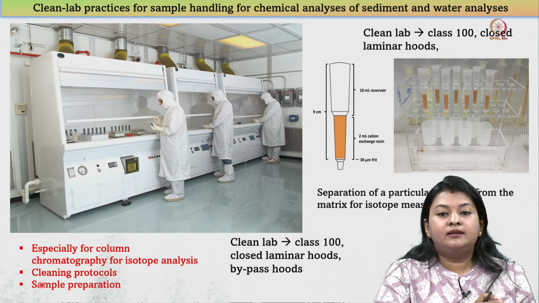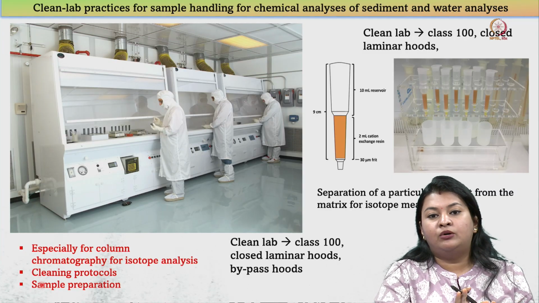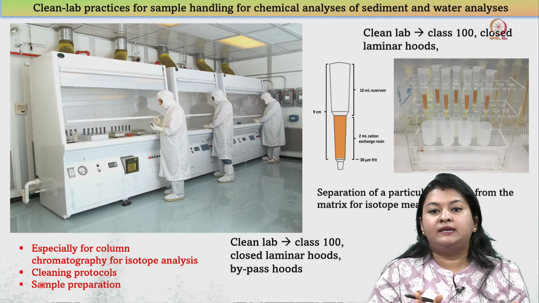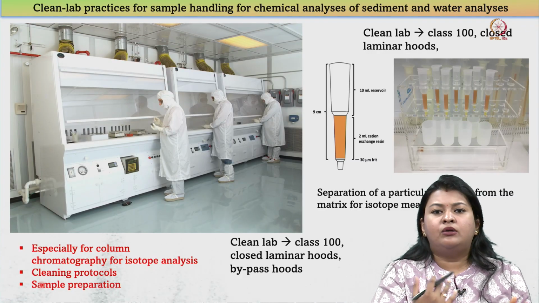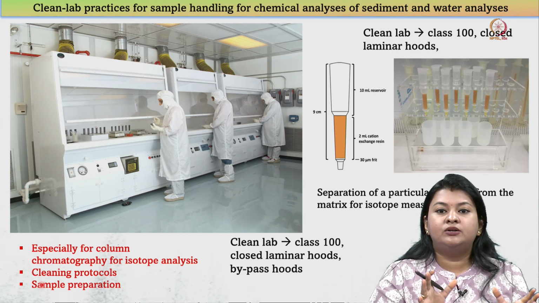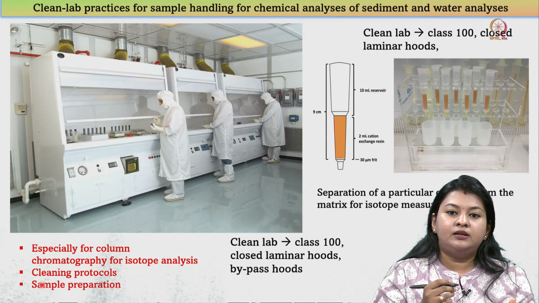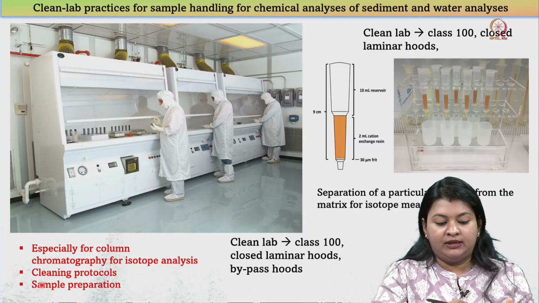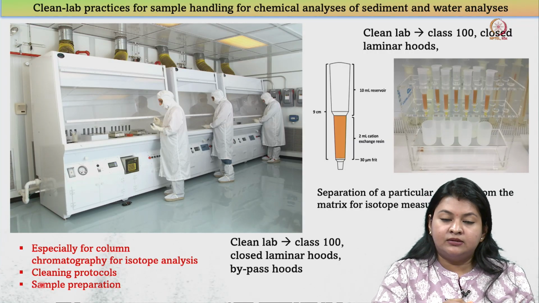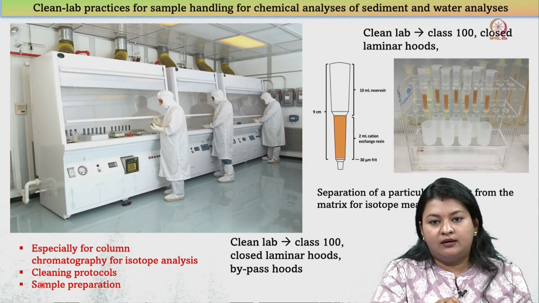So, either it is a clean room or a controlled environment where you do not have a lot of contamination. It is separate from an open space where a lot of people are sitting, a lot of wind is blowing. There should be no open windows, so it is a controlled environment with a minimal amount of contamination. And if there is some isotope analysis going on, then we only and only have to use these clean rooms.